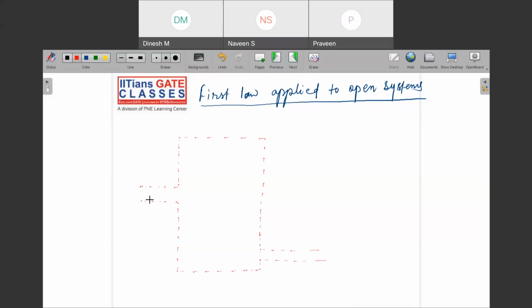This is the place where mass enters, and this is the place where mass goes outside. Let us say we are at some datum. Let us say the elevation here is Z1, and this is at some elevation Z2.